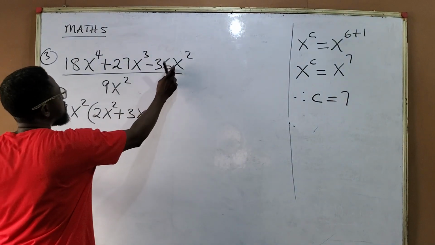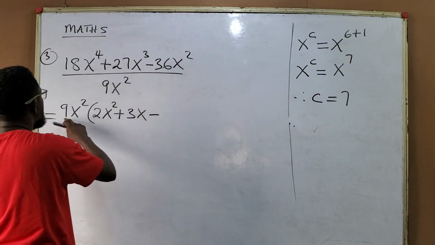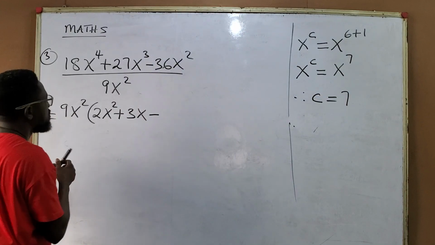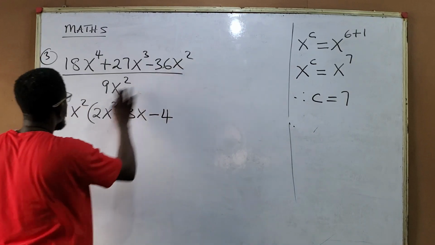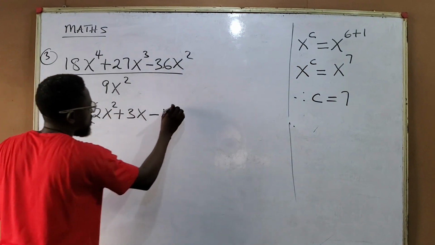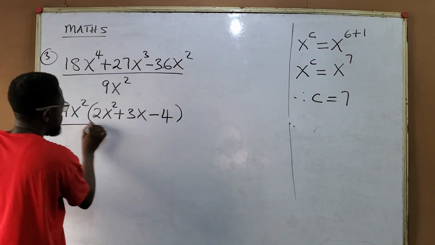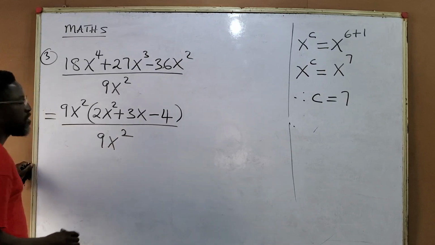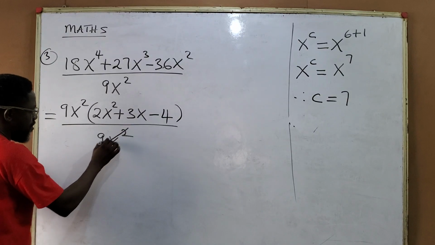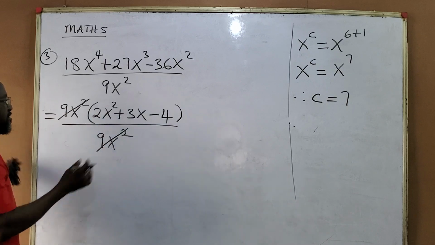So we have 36 divided by 9, that was 4. Then x squared divided by x squared will be 1. So that cancels out, all over 9x squared. So this one, we cancel this. Look at that.